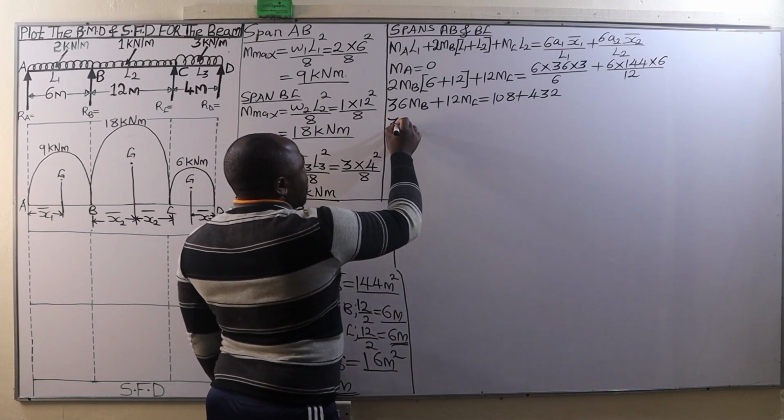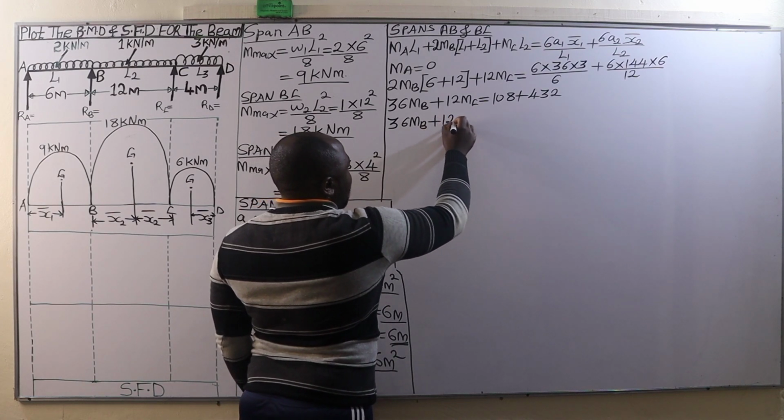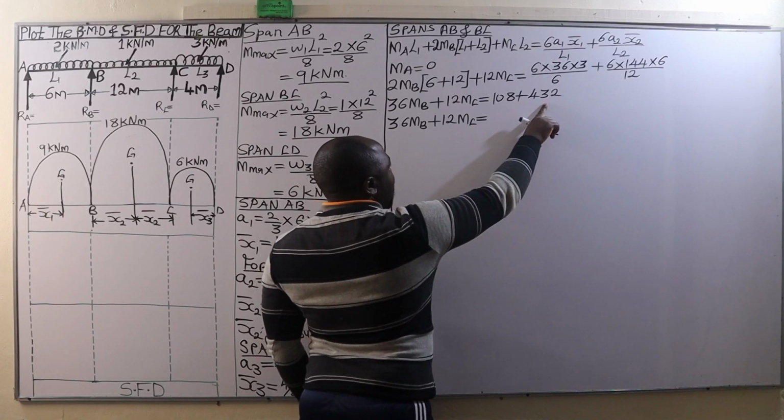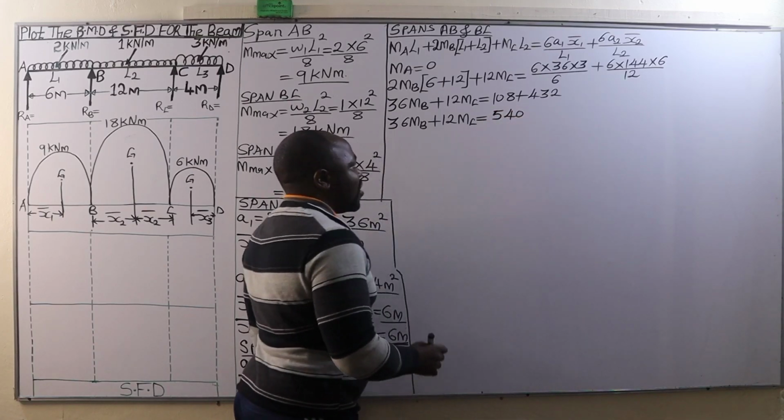This is going to lead us to 36 MB plus 12 MC being equal to 108 plus 432, which is 540.